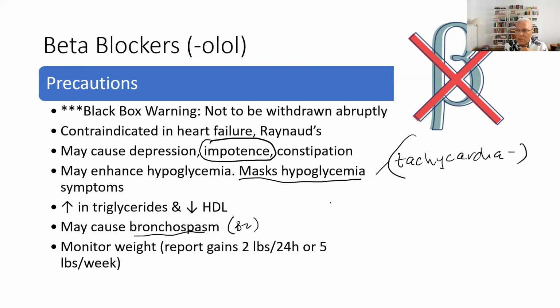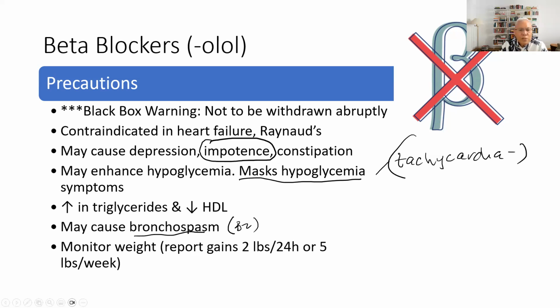Because of the decrease in the force of cardiac contraction, the patient might develop heart failure. And the first sign of heart failure may be weight gain. A weight gain of 2 pounds in 24 hours or 5 pounds in a week is going to be significant and therefore should be reported. Okay.